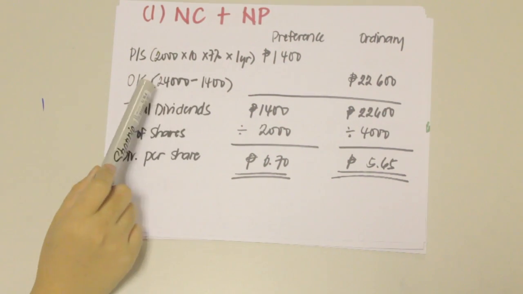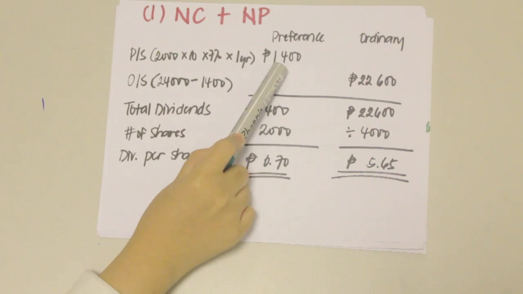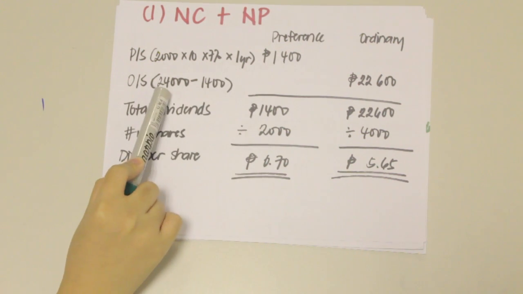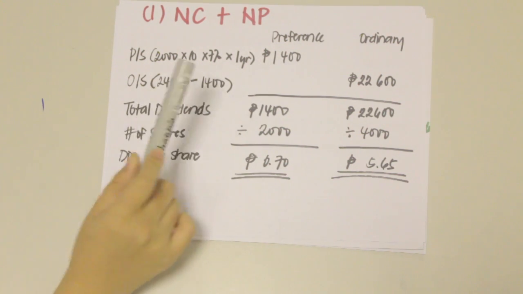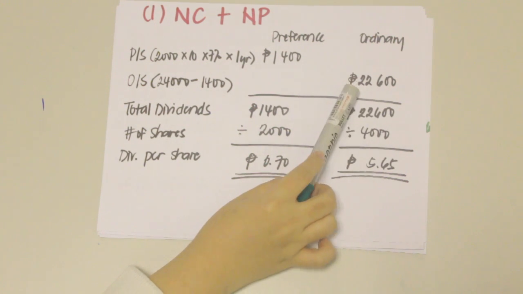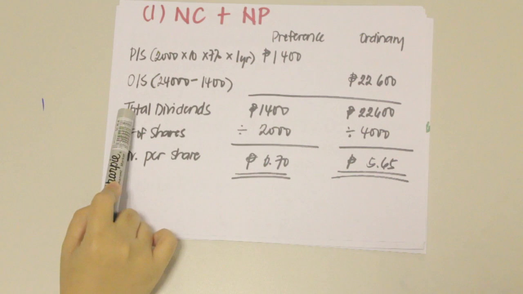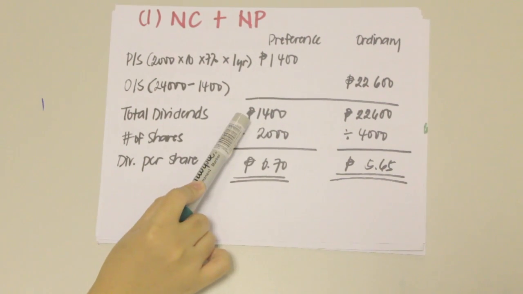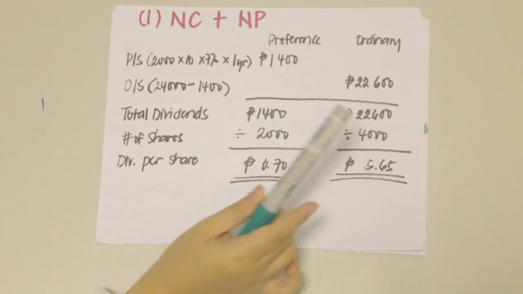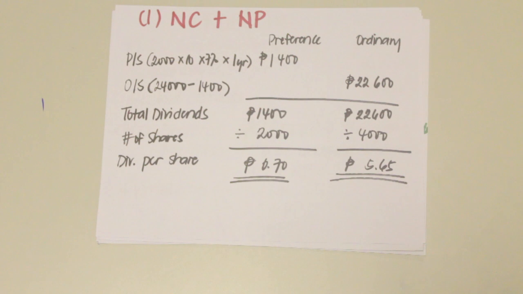So you simply deduct the 1,400 dividends from the 24,000 cash dividends declared to get the dividends for the ordinary shareholders. Your total dividends would be 1,400 for preference shareholders and 22,600 for ordinary shareholders.